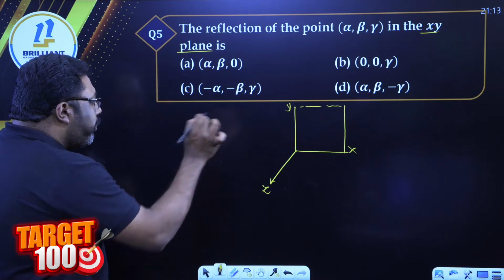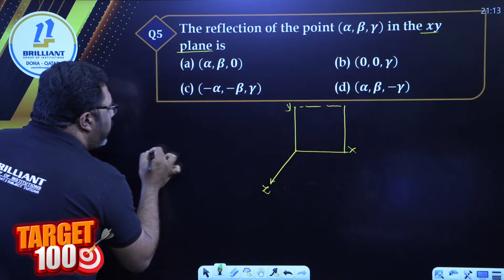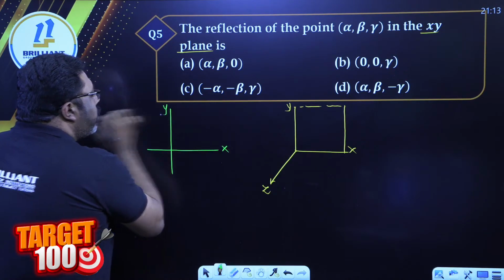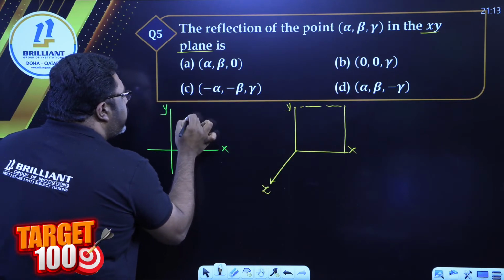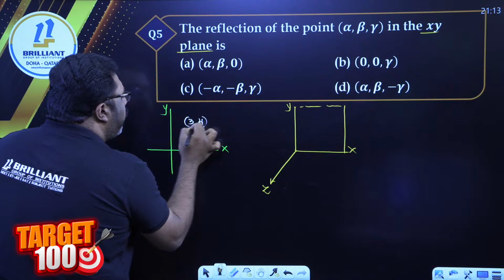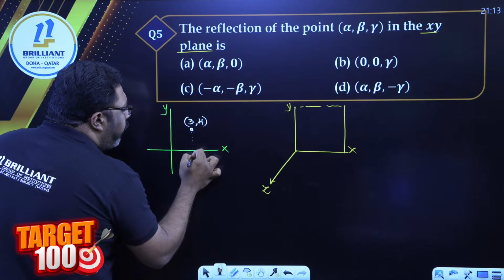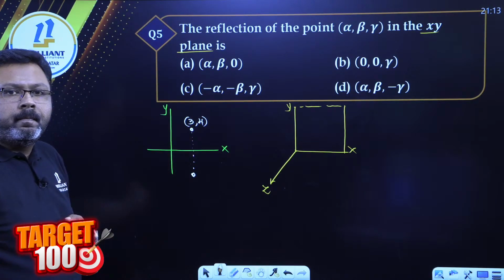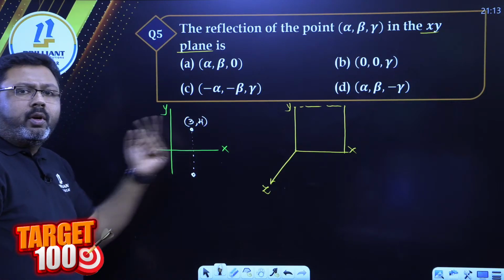Before that, let me go back to our 10th standard coordinate geometry, which has only two dimensions, x-axis and y-axis. Now let us consider a point in the first quadrant, say 3, 4. Now I am trying to find out the reflection of this point made by the x-axis. Reflection means it's exactly the opposite of what you see, right?